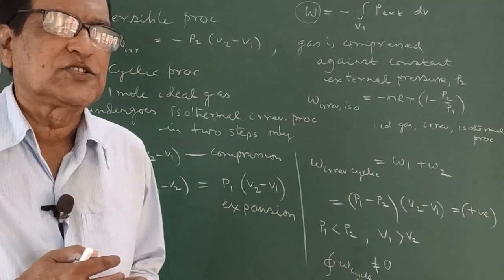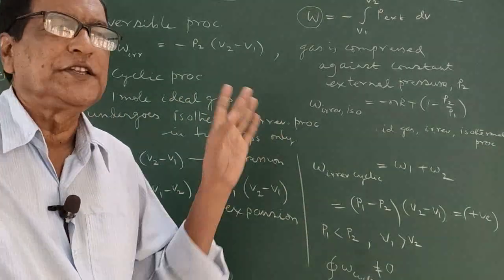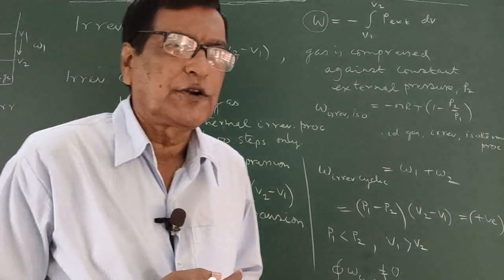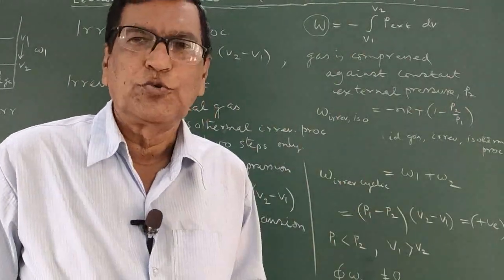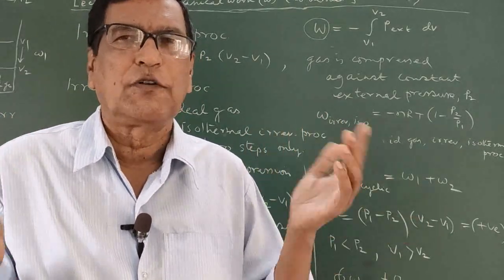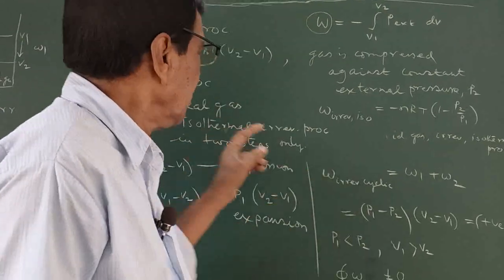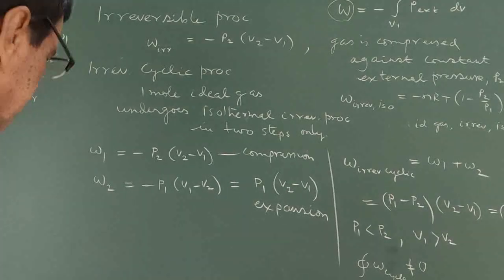This is why it is called irreversible, meaning not reversible. The initial state could not be reversed without the aid of an external agency. Some amount of work is to be added to bring the system back to its initial state. This is a very simple case.